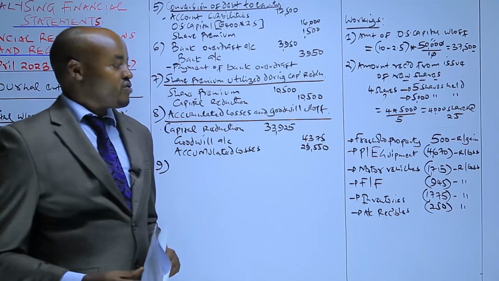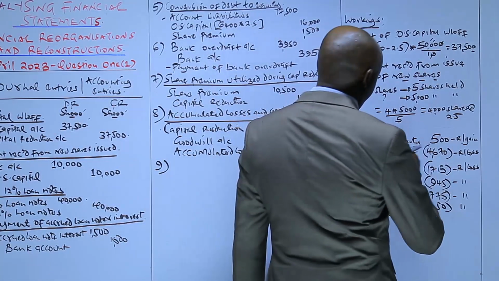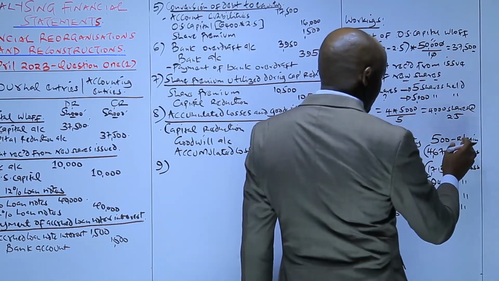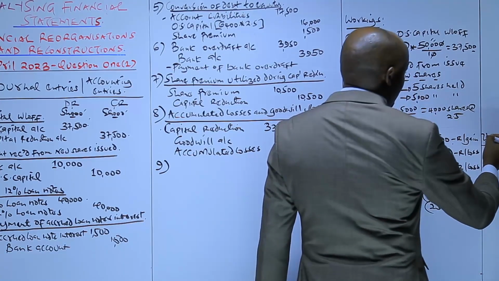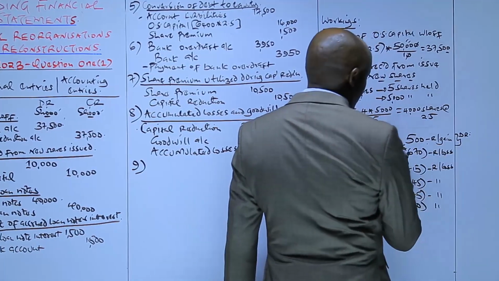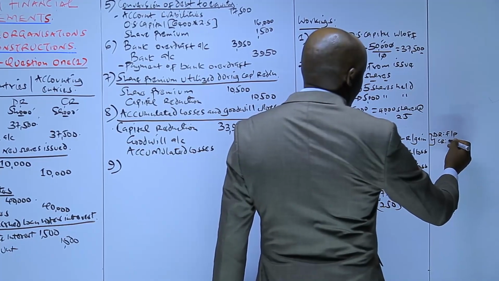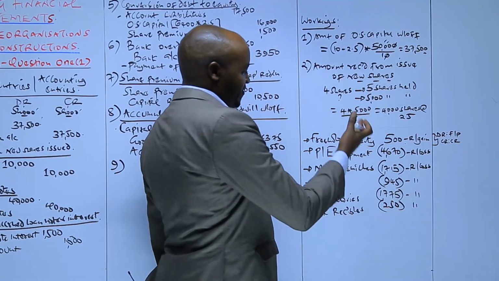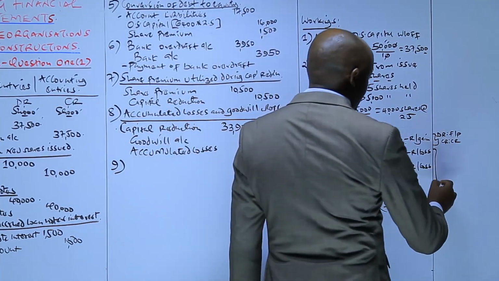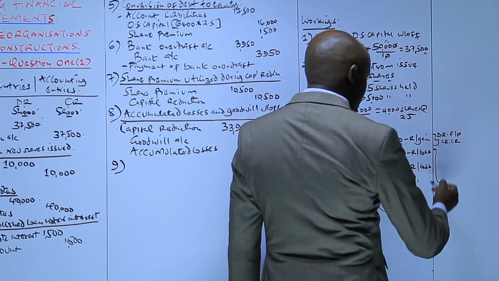Now how do we account for this particular revaluation gain or loss? Because the freehold property was revalued upward, we need to increase its value. To account for that, we debit the freehold property account, and then we credit the capital reduction account. But all these other assets, because they were revalued downward, what we need to do is to reduce their value.